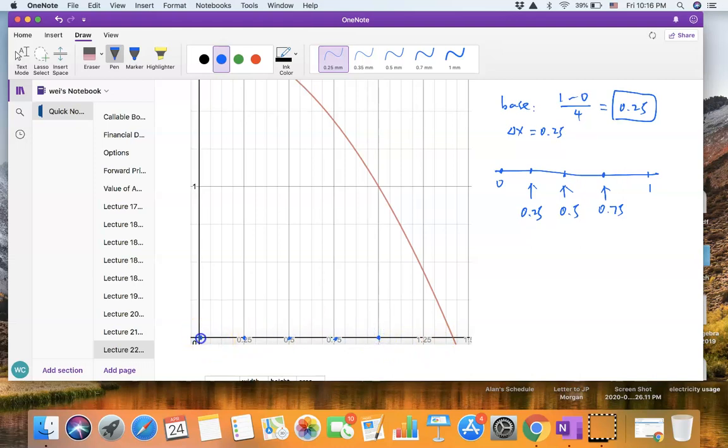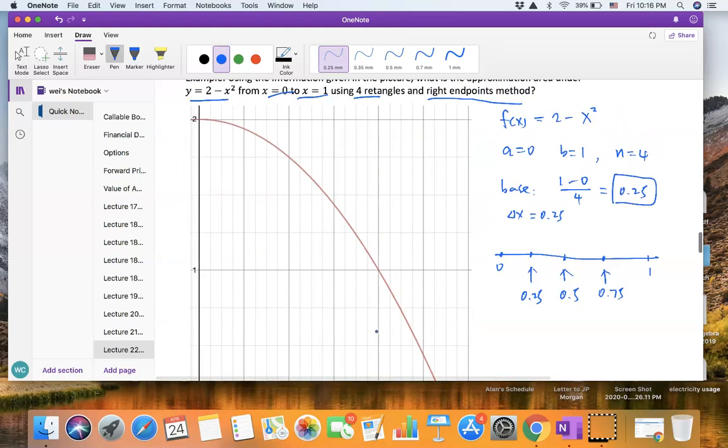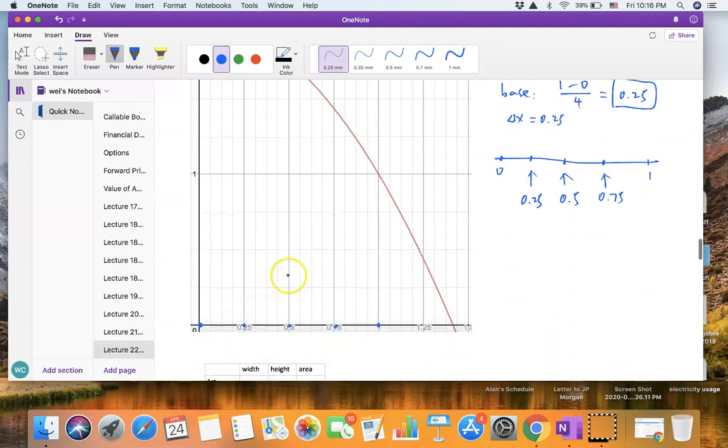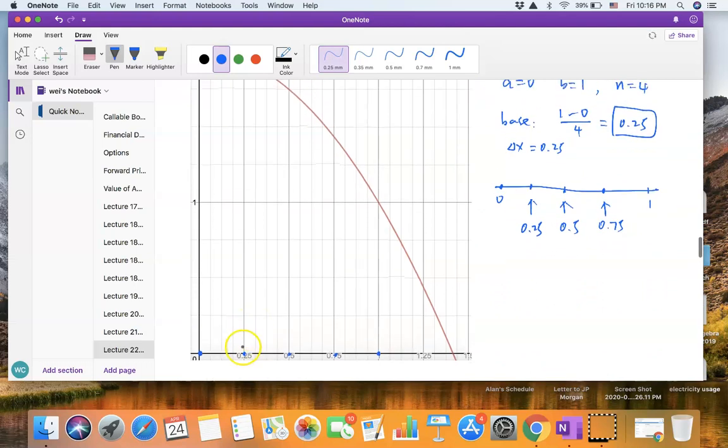So I have these 5 points: 0, 0.25, 0.5, 0.75, and 1. And since we use a right endpoints method, when I construct the rectangle, I'm going to use the function value at the right endpoint to be the height.